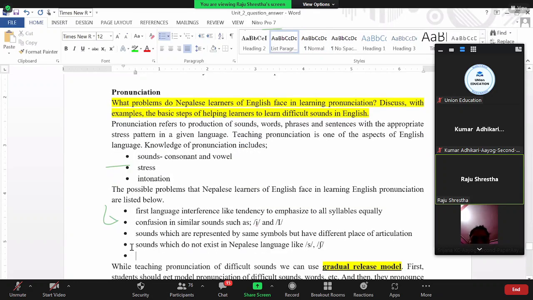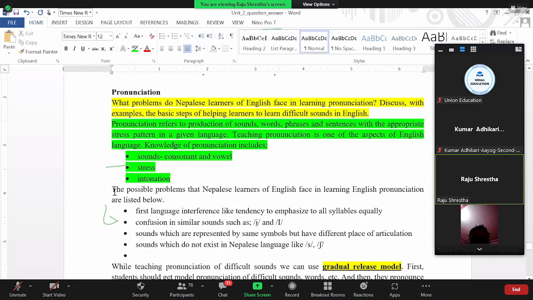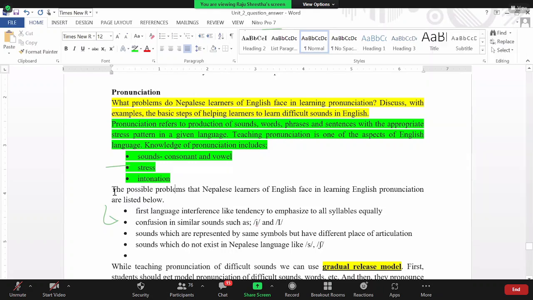This is just the introduction part, brief information about what pronunciation is. So now, question ma touch gareko chha, हामीले यो, the possible problems that Nepalese learners of English face in the course of learning English pronunciation are given below.